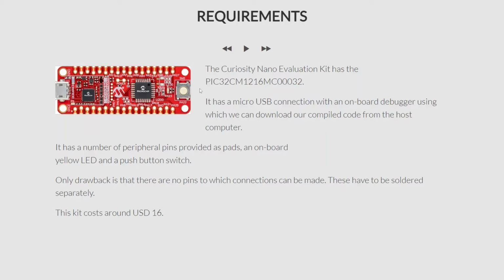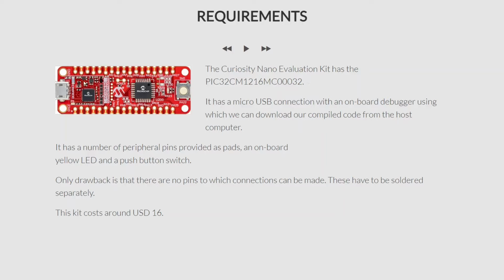Now this is a very small kit which will fit in the palm of your hand, and it has the microcontroller. So this main microcontroller here by Microchip is the PIC32CM1216MC00032, which is the PIC32CM MC microcontroller. Right? There are several other microcontrollers in the same family, and therefore this is one particular microcontroller which I'll be describing once we get to the actual architecture section.